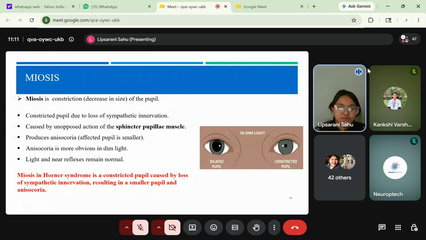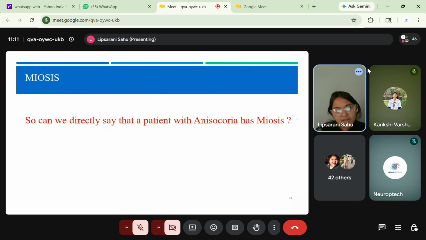So basically, miosis in Horner syndrome is a constricted pupil caused by the loss of sympathetic innervation, resulting in a smaller pupil and anisocoria. I have a question for everyone: can we directly say that a patient with anisocoria has miosis? You can just type in the chat box.